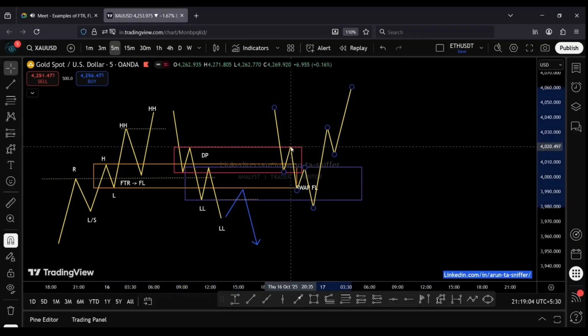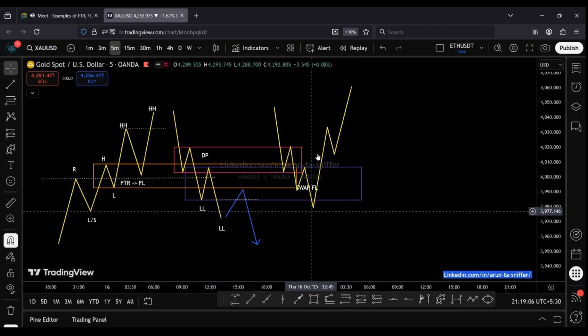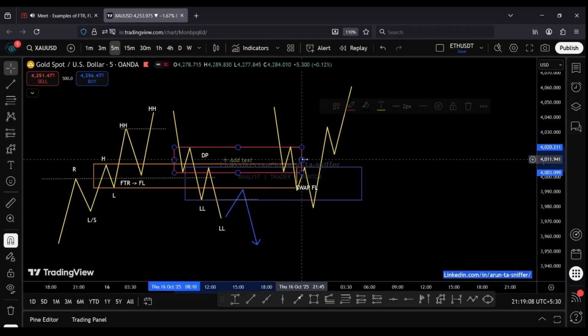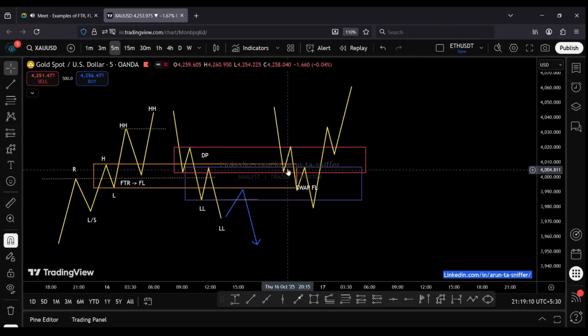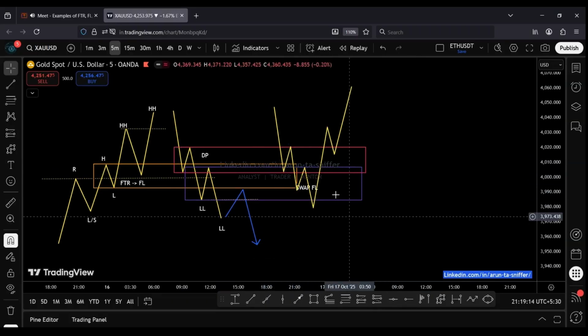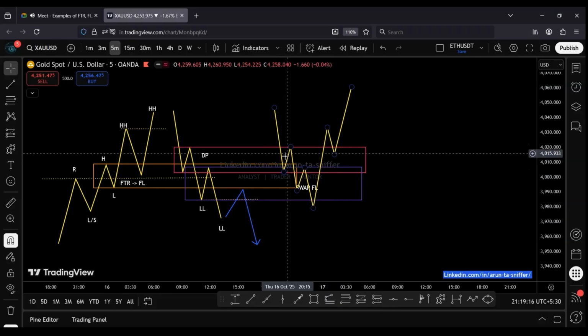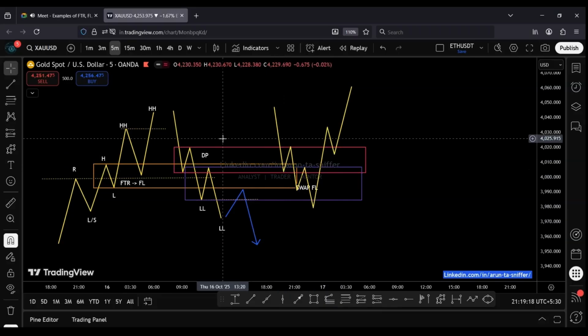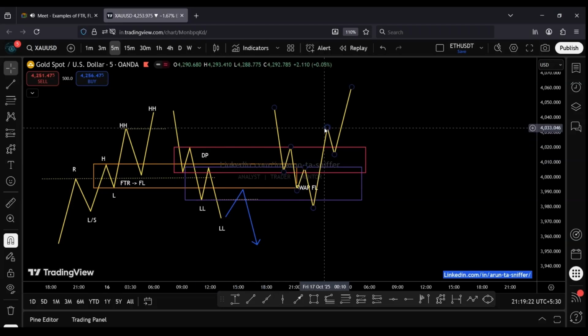This is our DP. If price goes up and this DP was ignored, what will happen? Look at this. This DP was ignored. DP is also a smaller time frame FL, so we will go on a smaller time frame, and this will work as a swap FL, right?